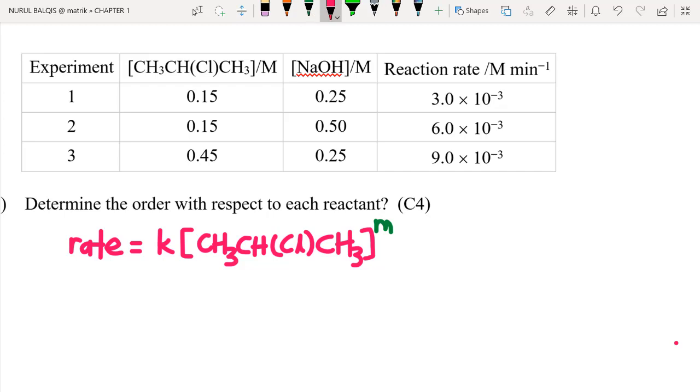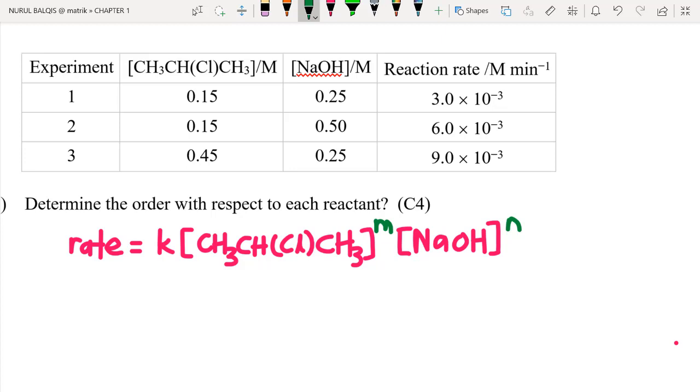You are free to choose whether you want to put a or b or x or y, whatever it is, as long as they are unknown. And then followed by another reactant, sodium hydroxide, raised to the power of n.